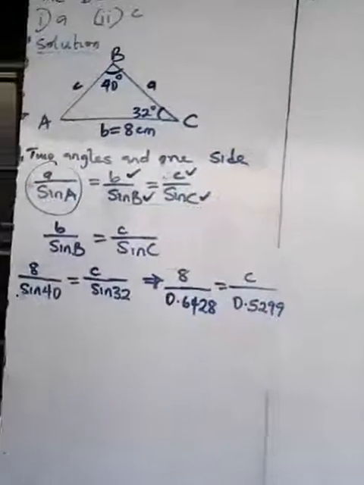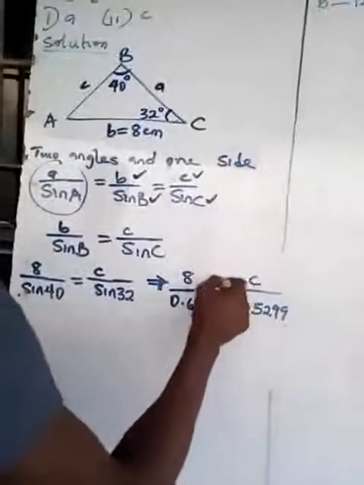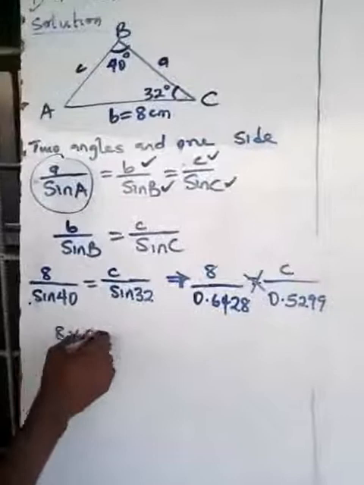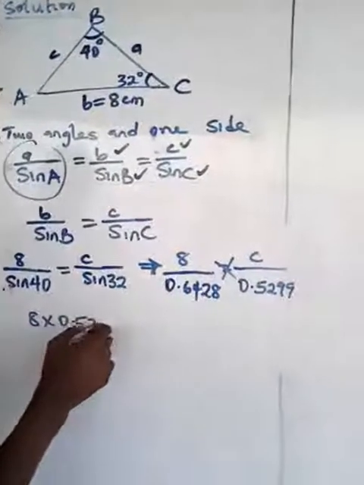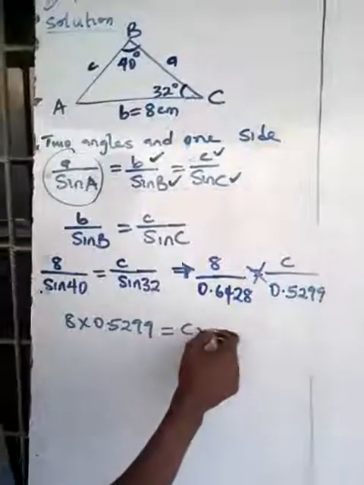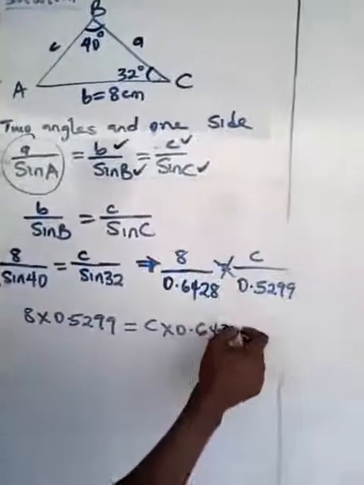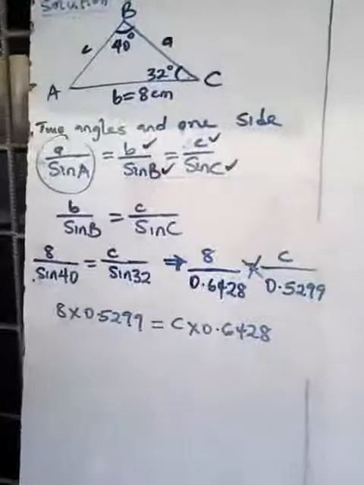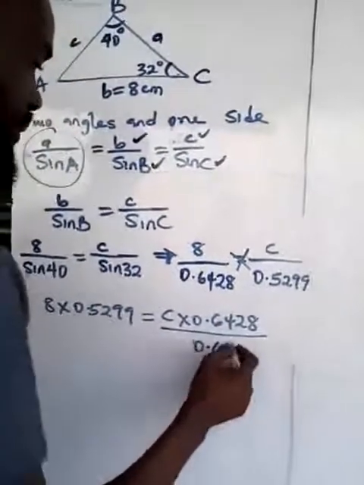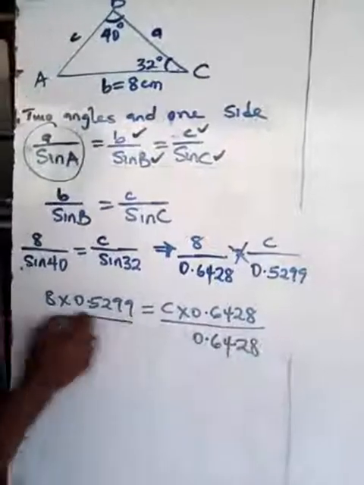So now to find c, we can cross multiply. We have 8 times 0.5299 is equals to c times 0.6428. Now we are looking for c, so we can divide both sides by 0.6428.